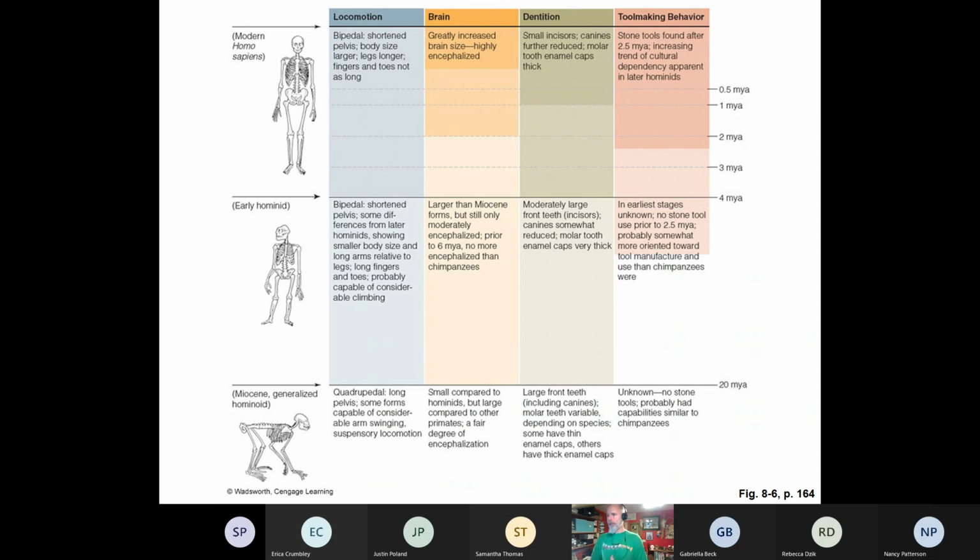So yes, this is what we're tracking here, and leading to our belief that all of this led to us being able to make tools, and the tools will obviously become very important for us to track eventually. But right now we're not there yet. We're not at the tool maker. We're not at Homo. Homo is where we start to see the tools.